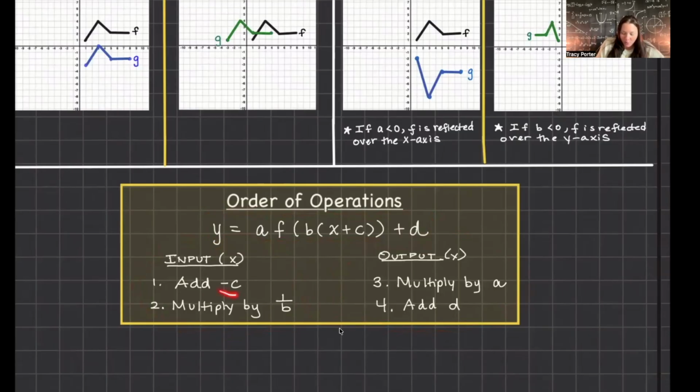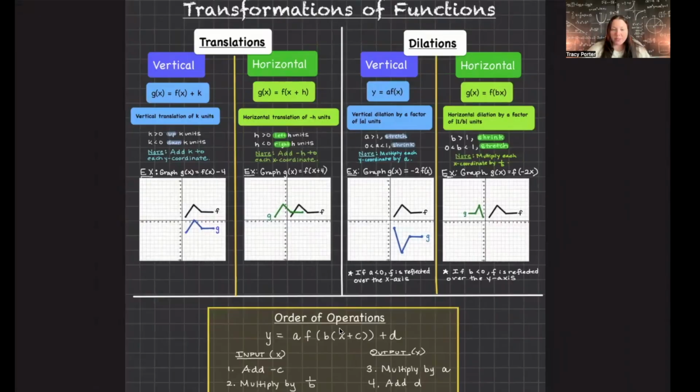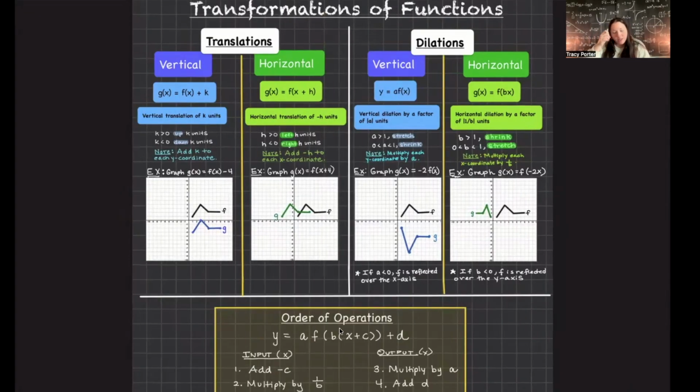So that's why we put that we're adding a minus C. So it's equivalent to subtracting, or multiplying by a 1 over B value, which would be equivalent to dividing. So this is the input and then this is the output. So that comes up as well. So this is an overview of everything that you need to know.